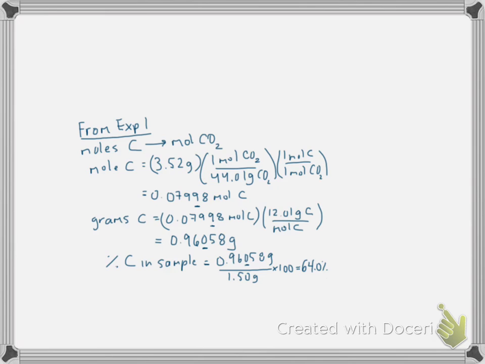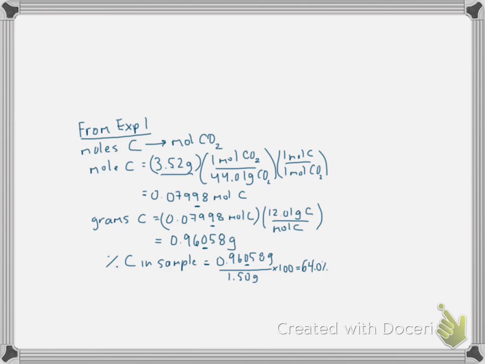So experiment 1, first we're going to recognize that the moles of carbon in the original sample are completely converted to carbon dioxide in this combustion process. So we can determine the moles of carbon because we're given the amount of CO2 produced.